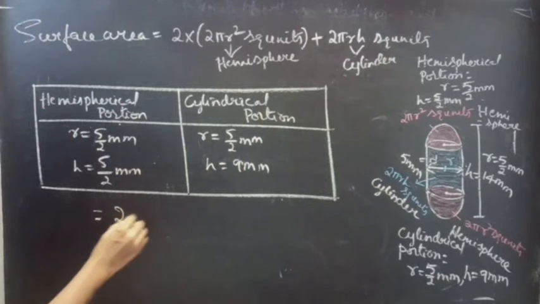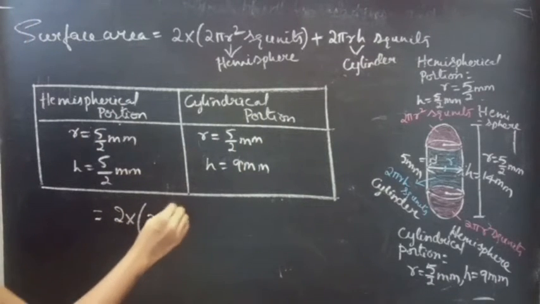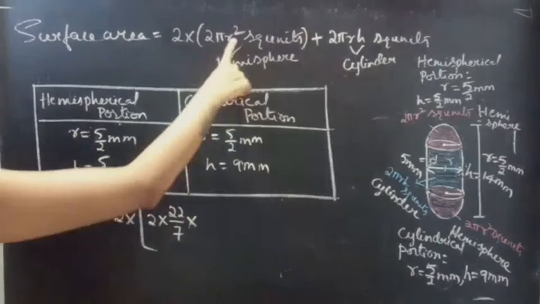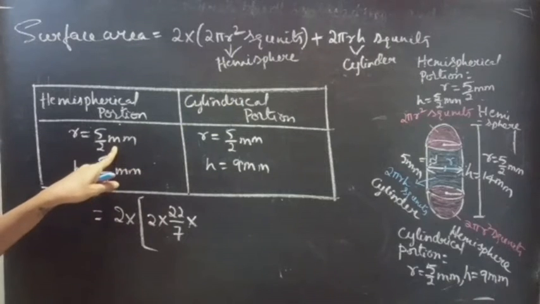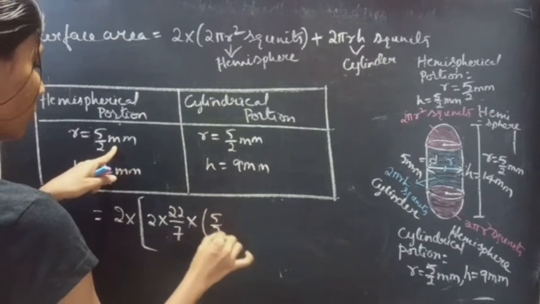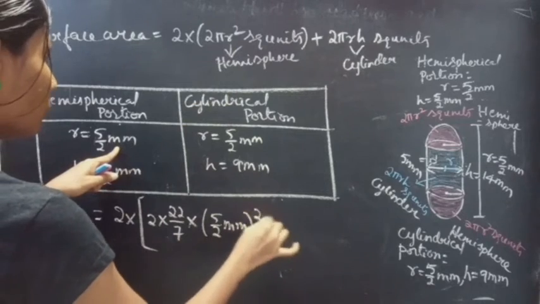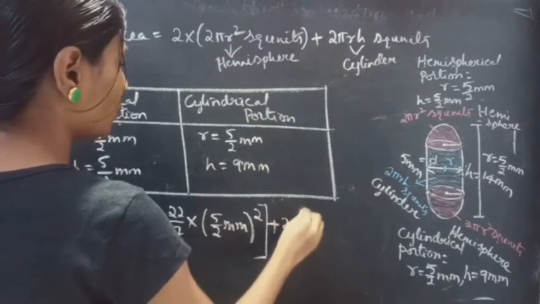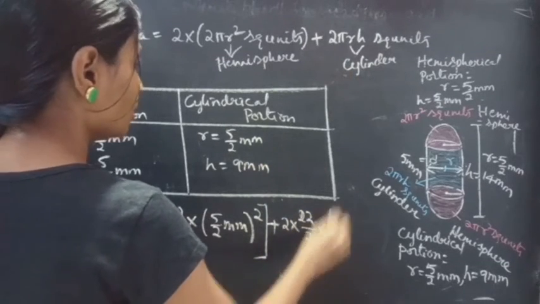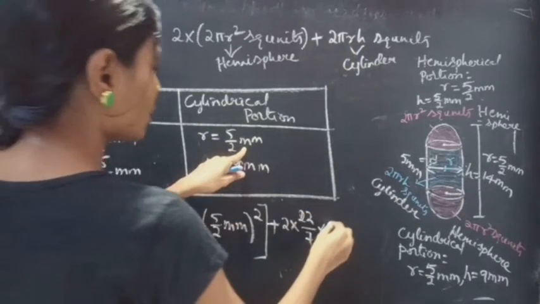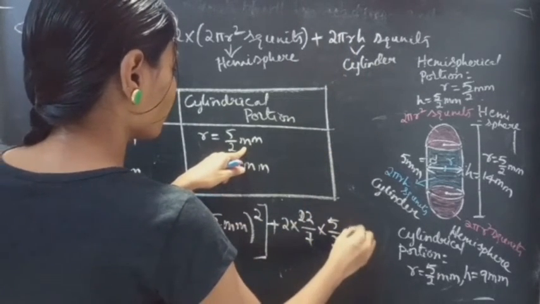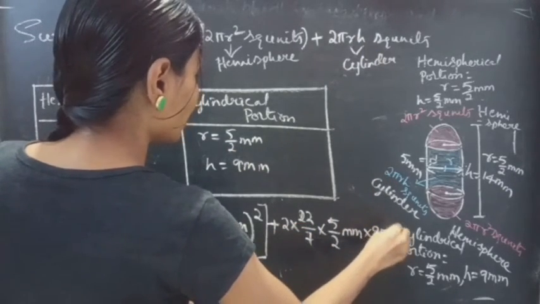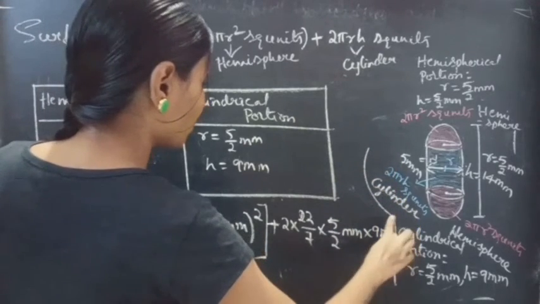So this equals 2 into, take pi as 22 by 7, into r square, r of hemisphere, 5 by 2 mm whole square, plus 2 into 22 by 7 into r, r of the cylindrical portion is 5 by 2 mm, into h. h is 9 mm.